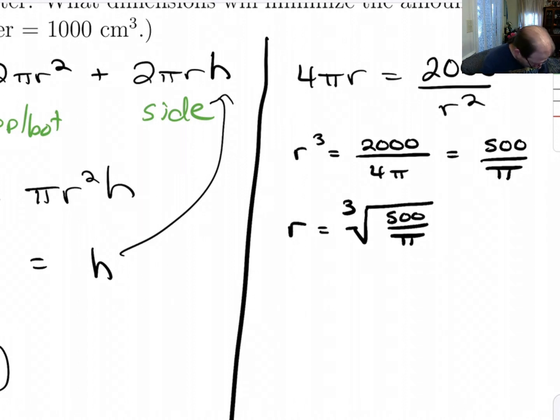This is an applied problem, so a decimal approximation is probably what we want. 500 divided by pi gives me 159 point something. I'm going to raise that to the 1/3 power. And I get 5.419. I'm going to round that to 5.42, and I'm going to make that a squiggly equal because I'm rounding.